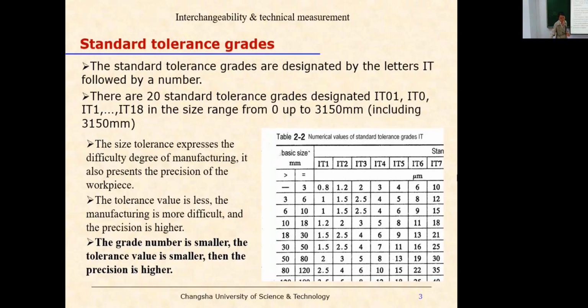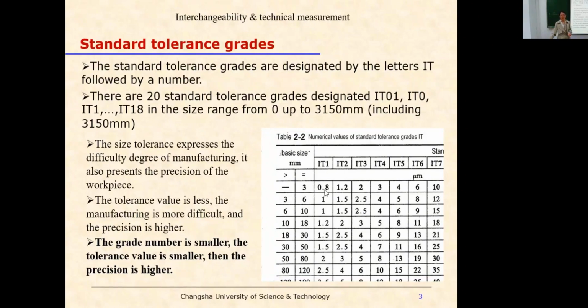Like this one, the grade number is IT1, compared to IT7, so this is 0.8, this is 10. So IT1 has higher precision than IT7, right?